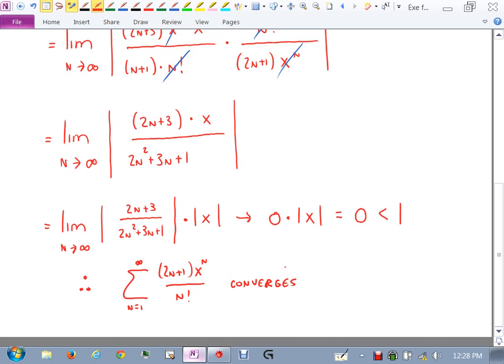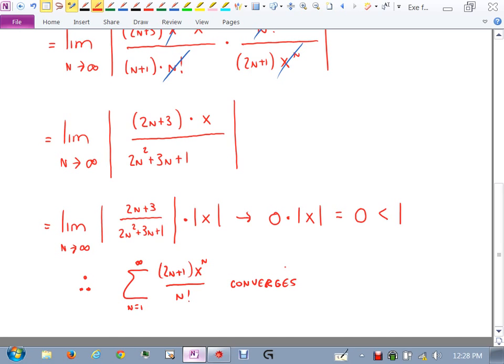But what we were asking, remember, was the values of x for which it converged. Because of the way this limit worked out, did it matter what x was? If I would have plugged in 10 here, it would have been squashed down to 0. If I would have plugged in 1,000, it would have been squashed to 0. So any value of x I would have picked would have worked.